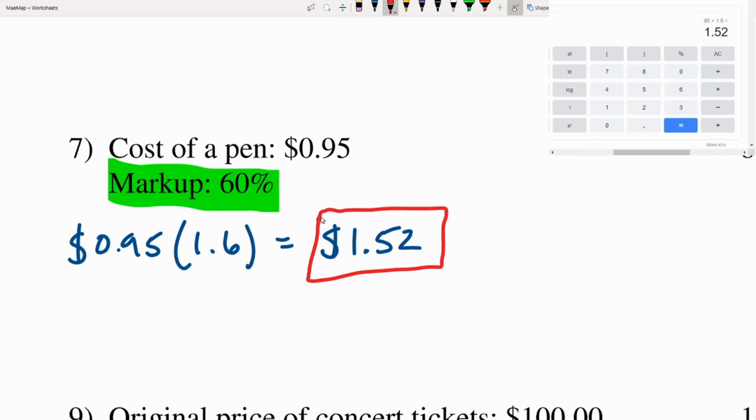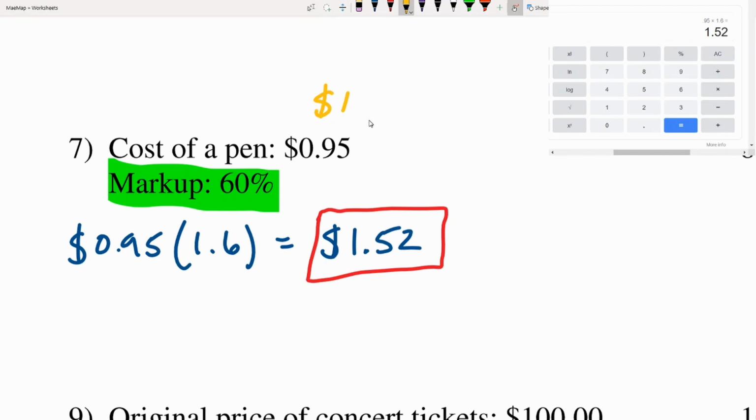Now this is actually a great example to do a quick double check in our head to make sure that our math is correct. Because think about the cost of a pen being 95 cents, that's really close to a simple whole number. That's really close to $1. So if we think of this as $1, doing 60% of 1 or 10 or 100 is pretty easy to do in our heads. 60% of $1 is 60 cents. 60% of $10 would be $6. 60% of $100 would be $60, and so on.